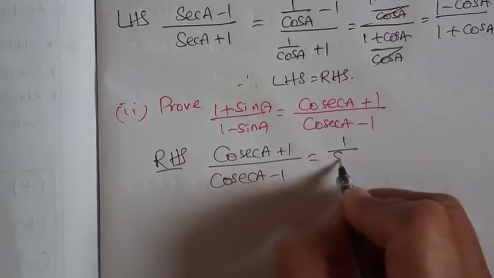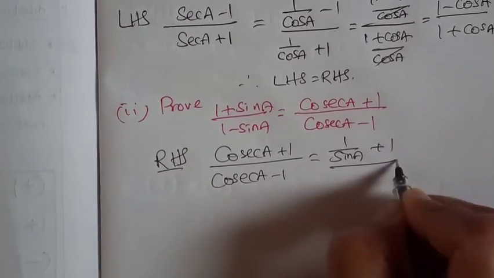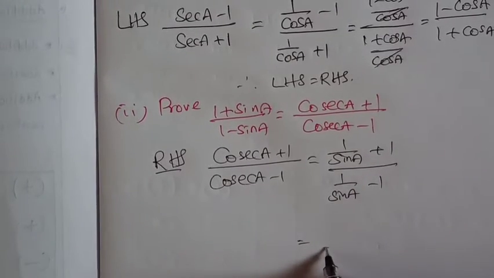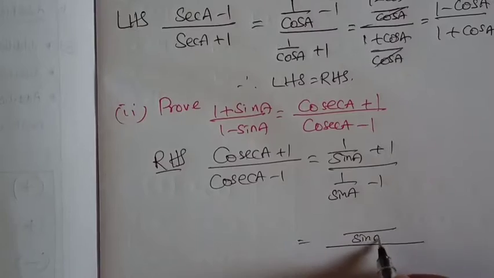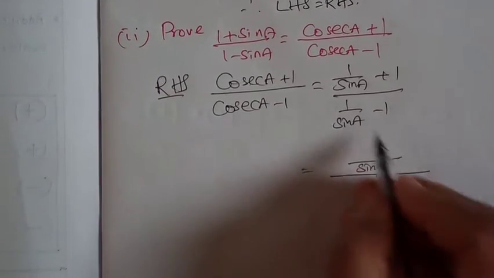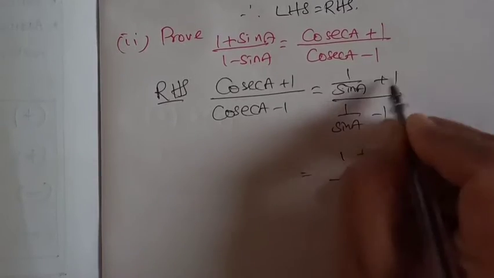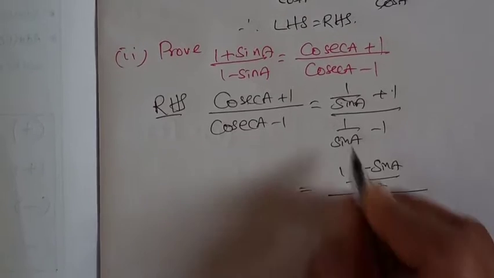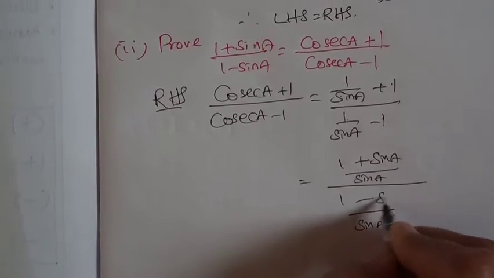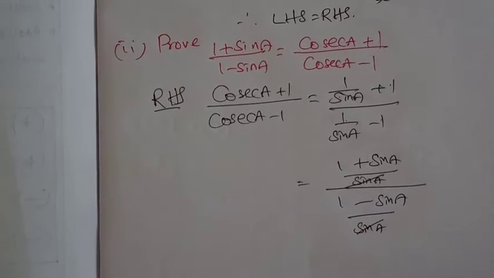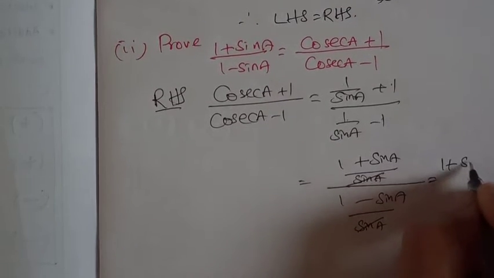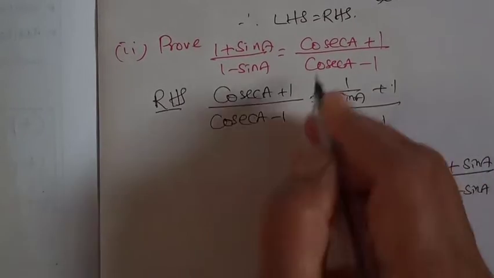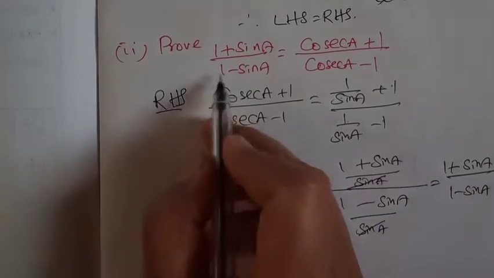What is cosec? 1 by sin A, plus 1, by 1 by sin A, minus 1. Now I'll take the LCM in the numerator, sin A. Okay, 1 plus sin A into 1 by sin A. Here again LCM in the denominator, 1 minus sin A into 1 by sin A. Sin A cancels, (1 plus sin A) by (1 minus sin A), which is LHS. Correct?